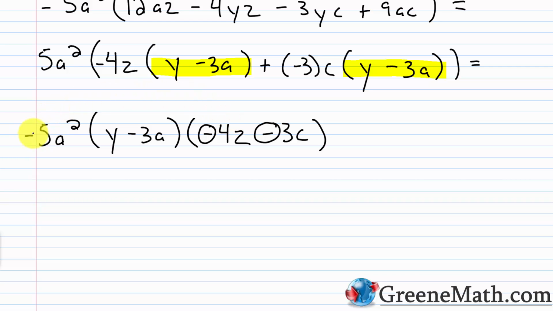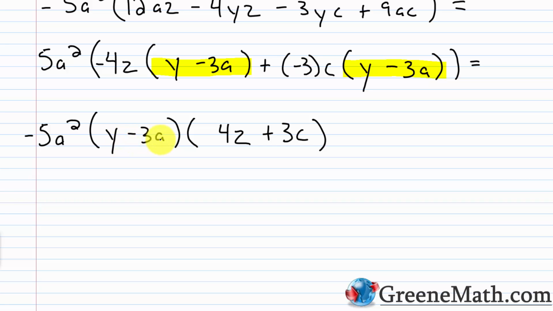So I just put a negative sign out here. And so this would turn into a positive, and then this would turn into a positive. And so you could also write the answer as negative 5a squared times the quantity y minus 3a times the quantity 4z plus 3c.